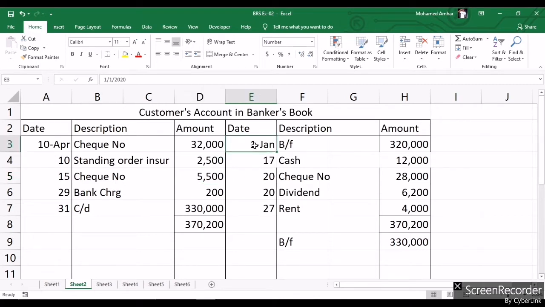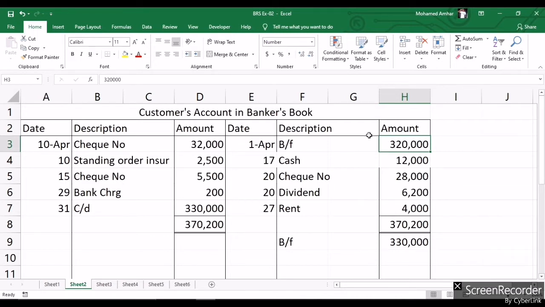So here also the date is April, so change it. 1st April balance brought forward is 320,000, right?